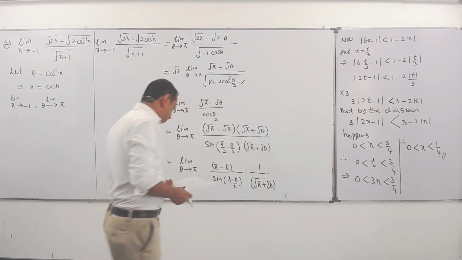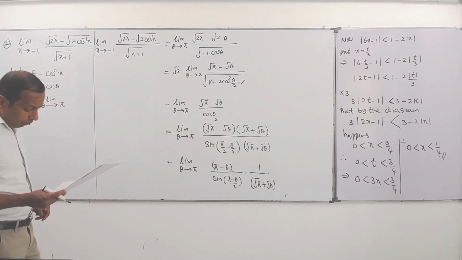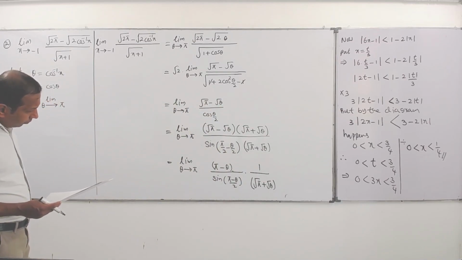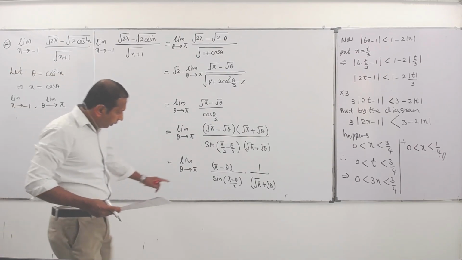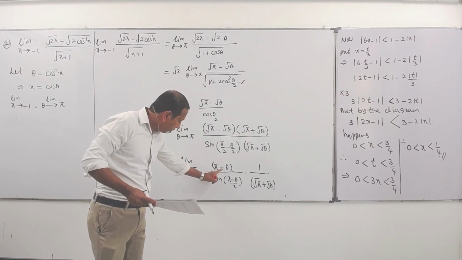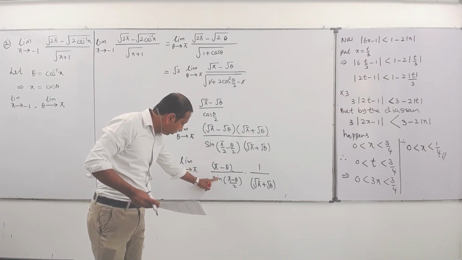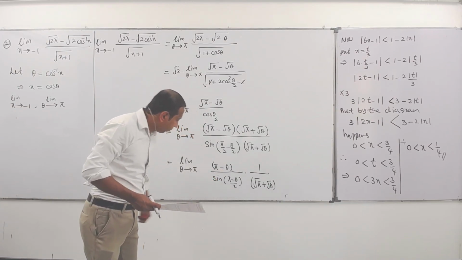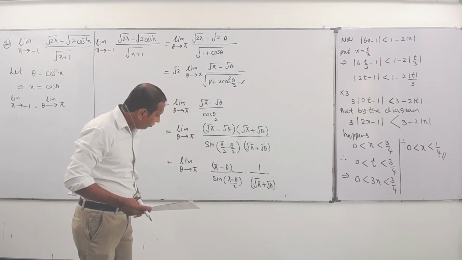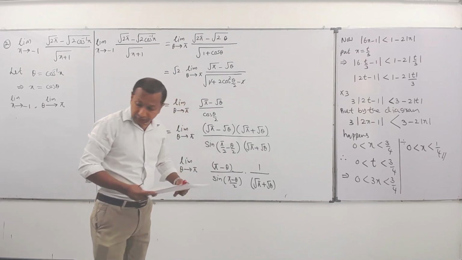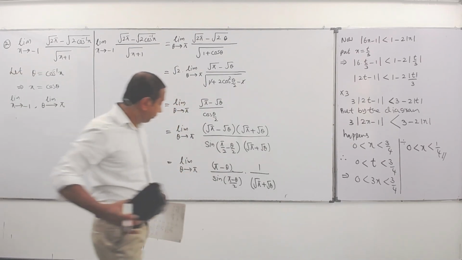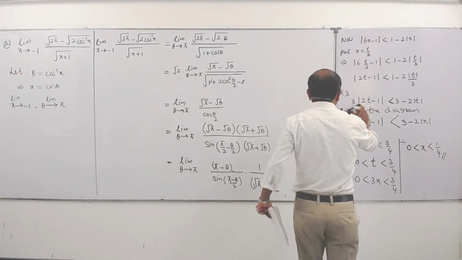This way. Okay, now this is what I do next. I can take this π − theta, the denominator of this, dividing this by 2 and multiplying by 2, we take that. That is our next line. And we take the limit.